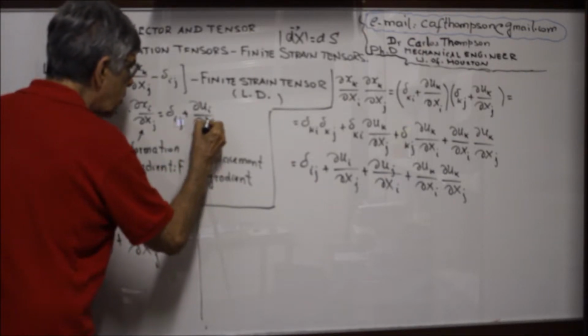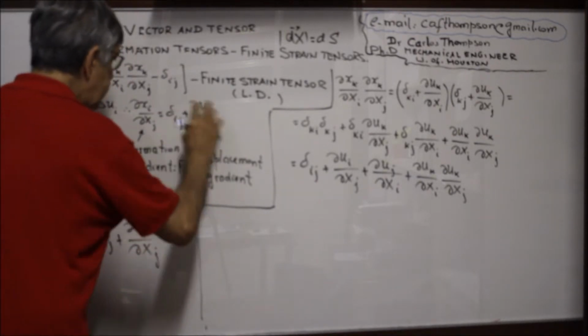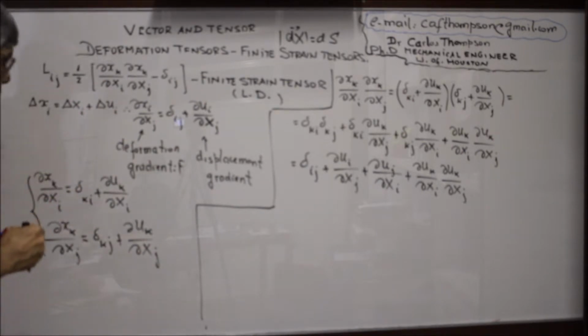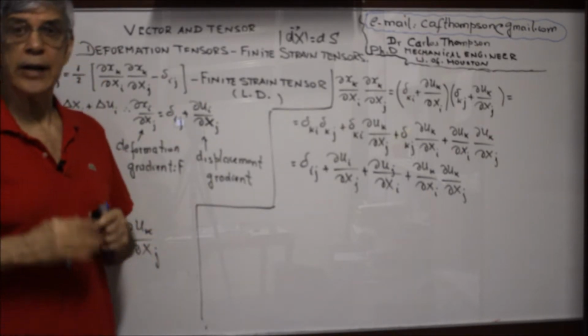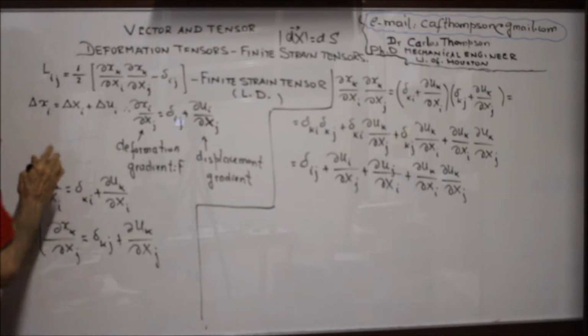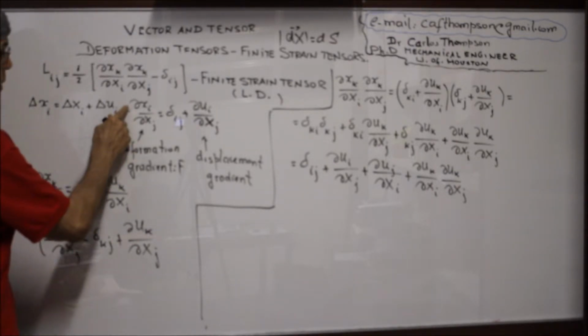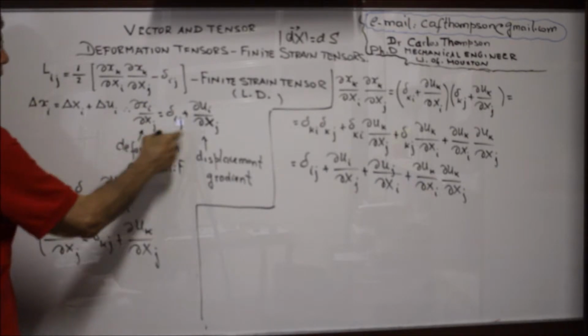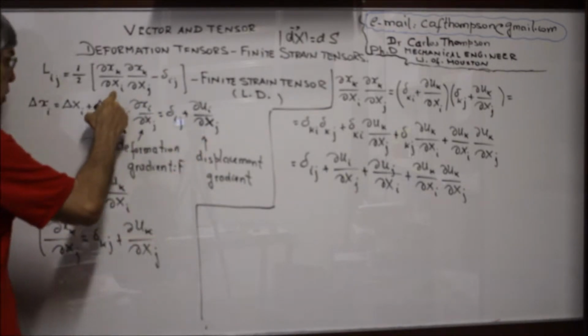Attention here, capital Xj, which means that we are working with the Lagrangian description. Now let's substitute into partial xi with respect to Xj this expression right over here.